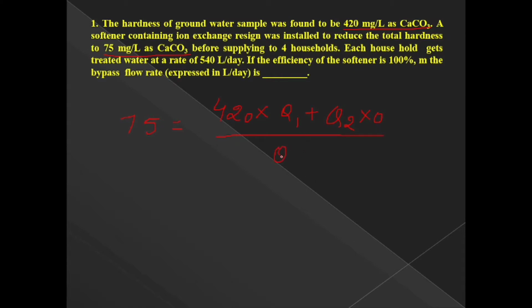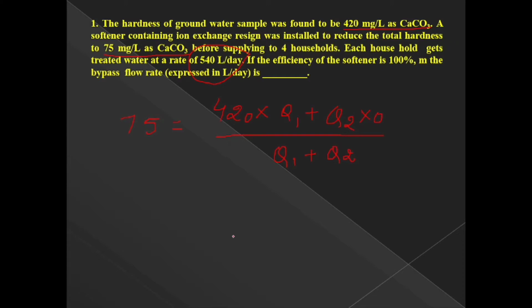Since Q2 is multiplied by 0, it drops out. The water is supplied to 4 households, and each household gets treated water at the rate of 540 liters per day. If the efficiency of the softener is 100%, this 540 is divided into the 4 parts.